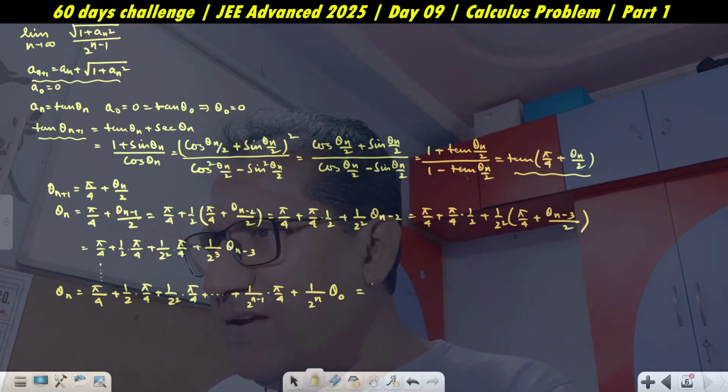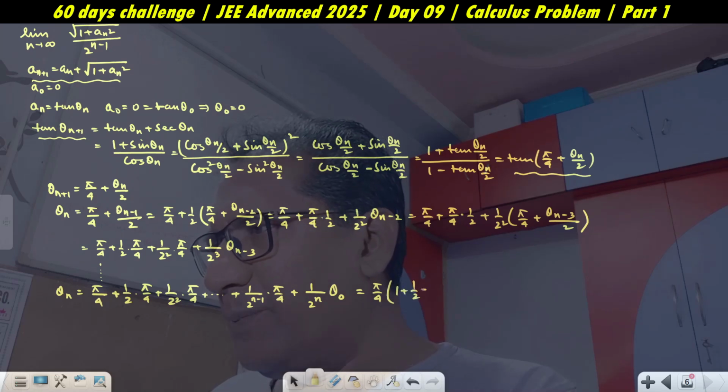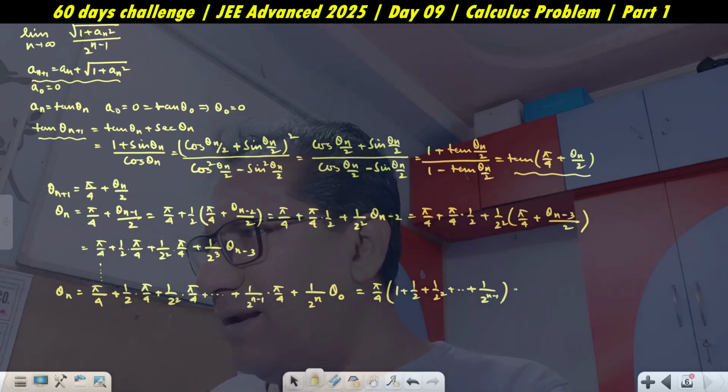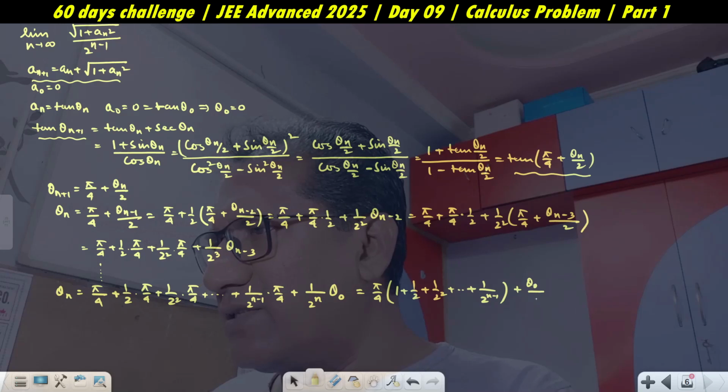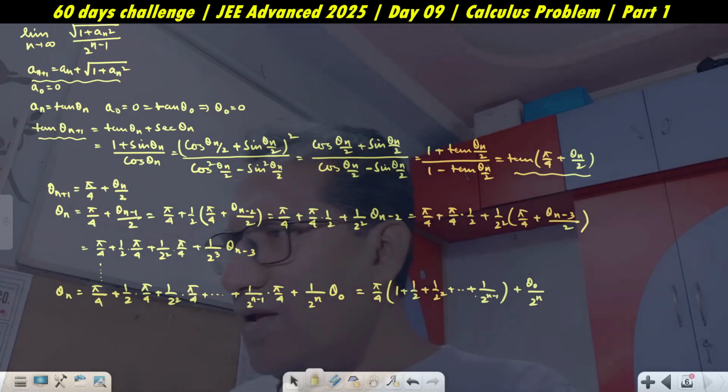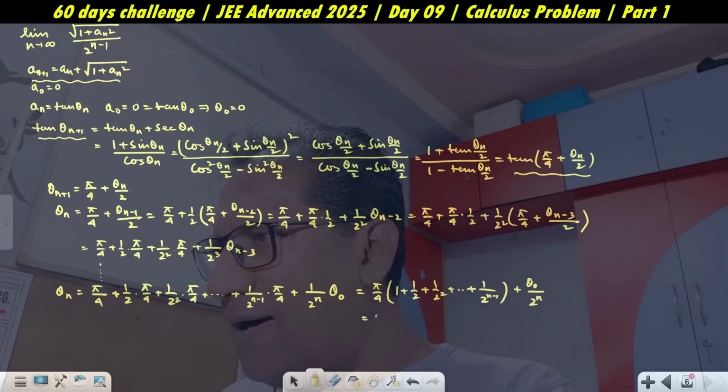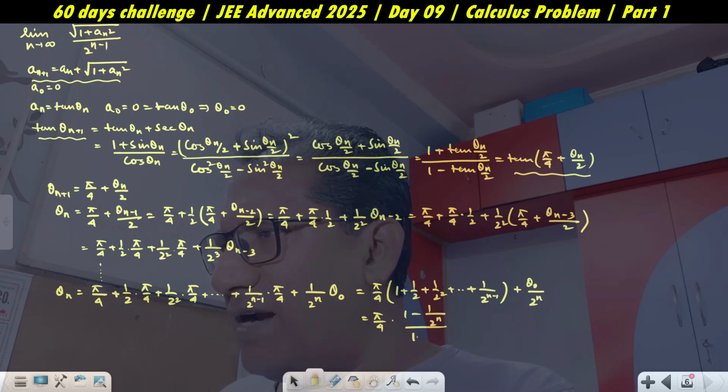So from here, if I take pi over 4 common, we are left with this GP series. And the last one is theta naught by 2 to the power n. So this is your GP series. So I am applying the summation of GP series: 1 minus 1 over 2 to the power n divided by 1 minus half.